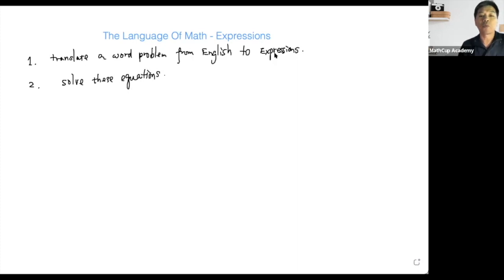Now, in this lecture, we're going to introduce expressions, the language of math. So what is an expression? Let's first look at an example of a very simple word problem. It says that we have, let's say, Tom and Alex.